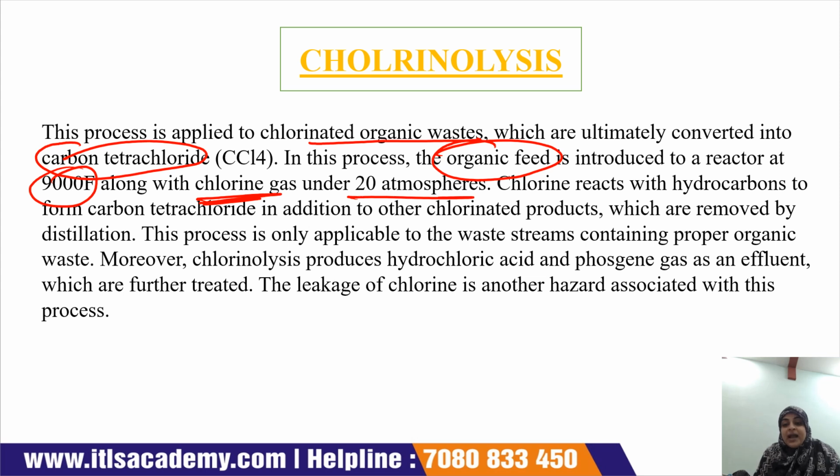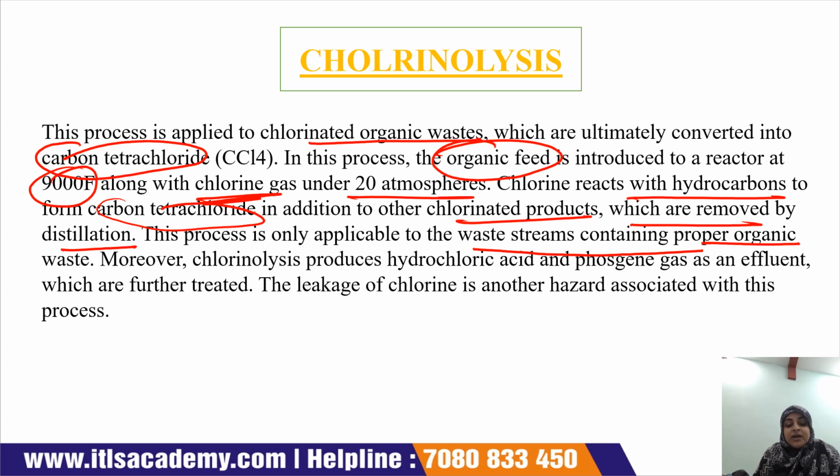This chlorine reacts with the hydrocarbons and forms carbon tetrachloride and also chlorinated products, which are removed by distillation, and this process is applicable for waste streams which contain organic waste.